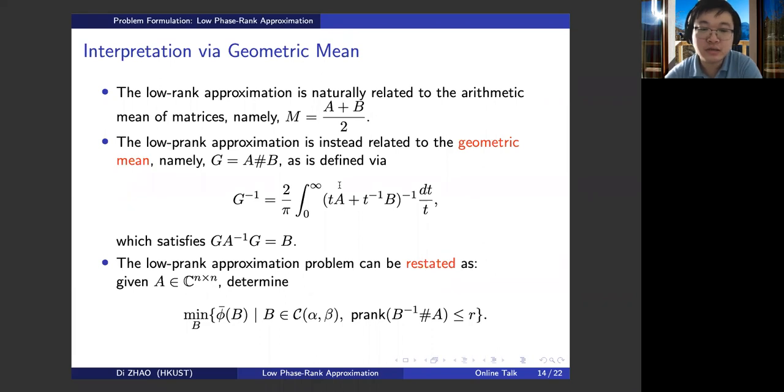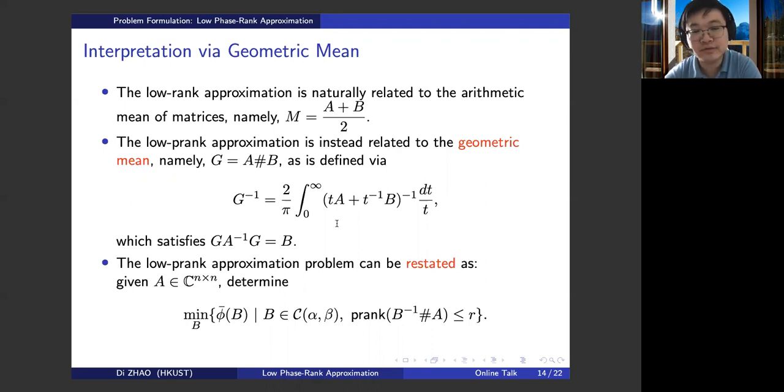So what about the low phase rank approximation? The phase is more suitable to be operated on in the sense of multiplication instead of addition or subtraction. So we don't use the arithmetic mean anymore. We use the geometric mean, and very luckily, for sectorial matrices the geometric mean is well defined.